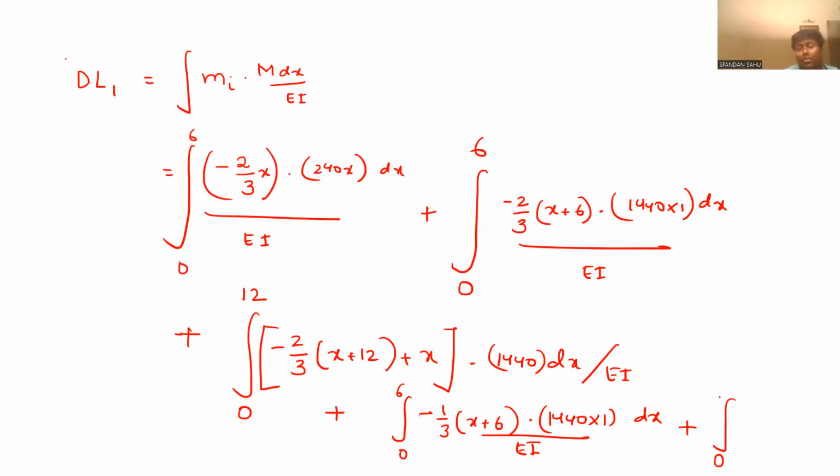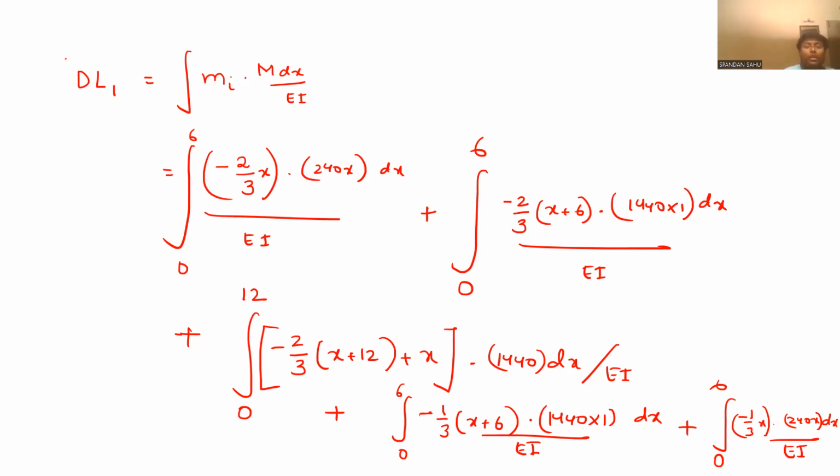Now the last part, 0 to 6 from the right support. What is the right support? D support. D to F. Minus 1/3 x into 240x dx upon EI.